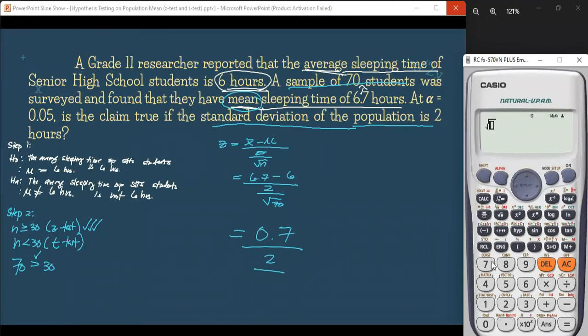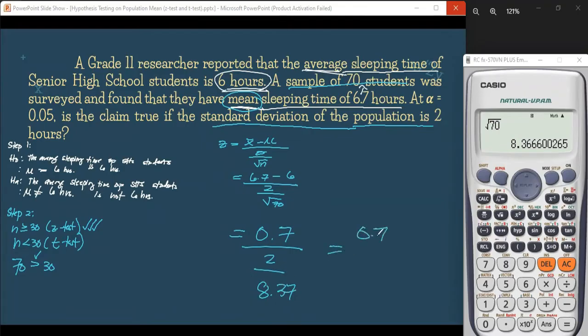So the square root of 70 is approximately 8.36. So since meron po ditong 6, let's round off to the nearest hundreds. So that is 37. So we have here 8.37. Ngayon po, ito naman po yung pwede nating ma-solve dyan.